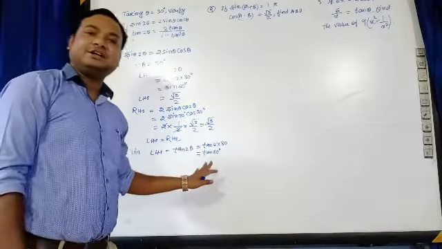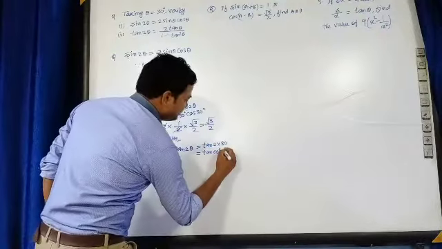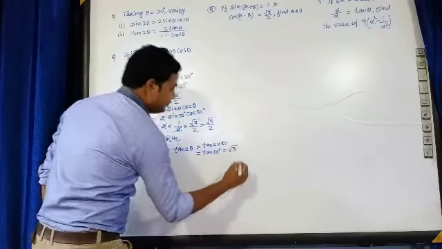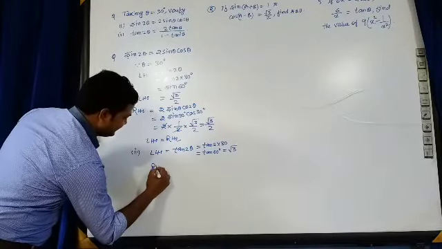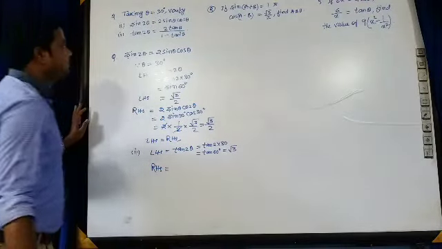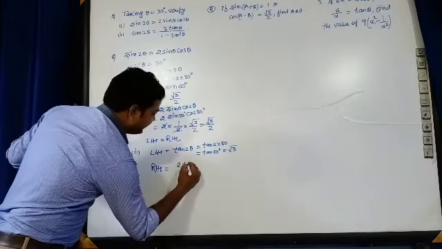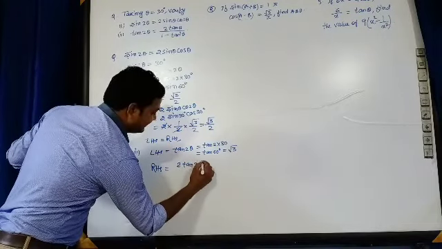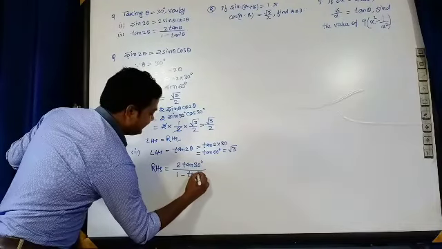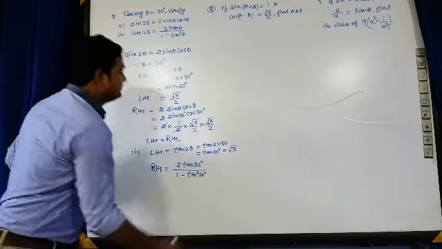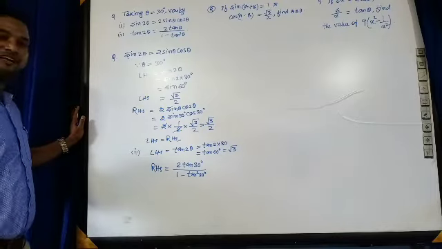And the value of tan 60 is root 3. Now move to RHS. RHS equal to 2 tan theta, the value of theta is 30 degree, by 1 minus tan square 30 degree.